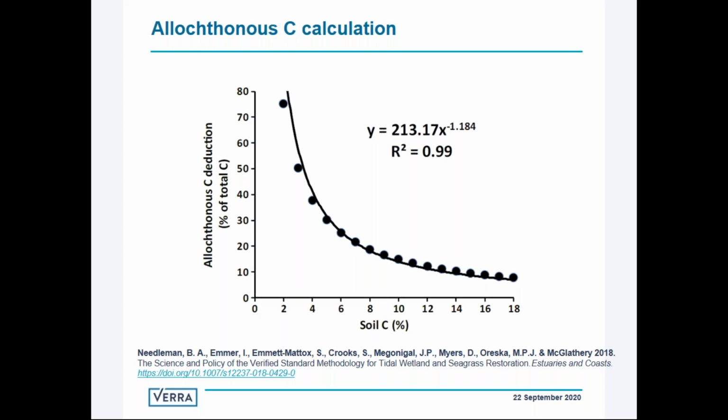And so you can see that for mineral soils, low carbon content, this deduction can be very high. But as the soils become more peaty, the deduction decreases. And once you get above 20%, there's no deduction for this carbon pool, allochthonous carbon. Next slide, please.